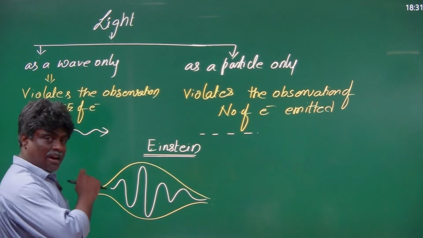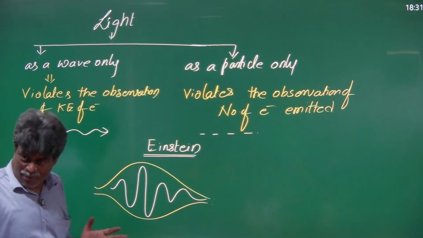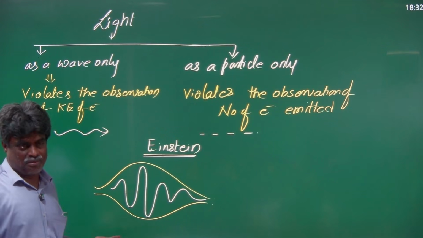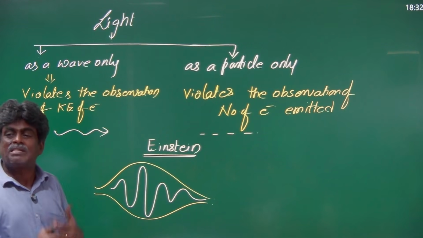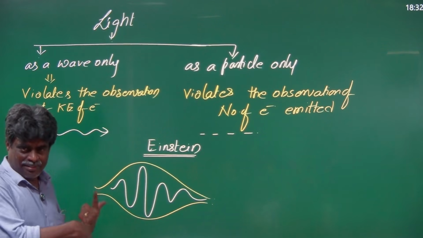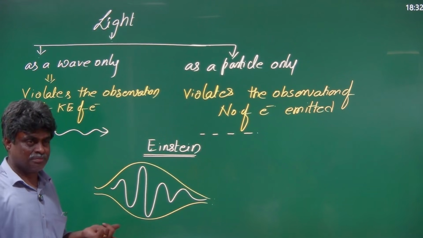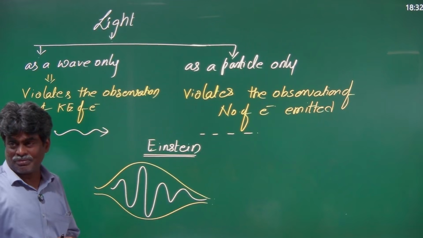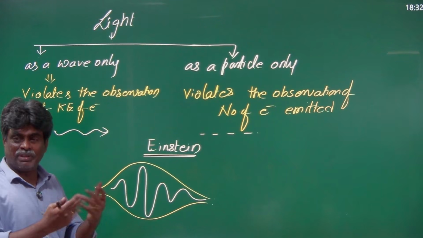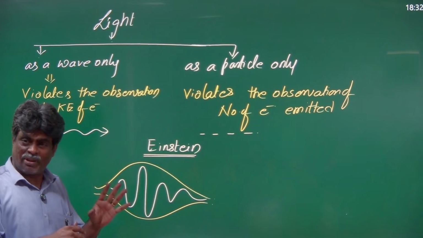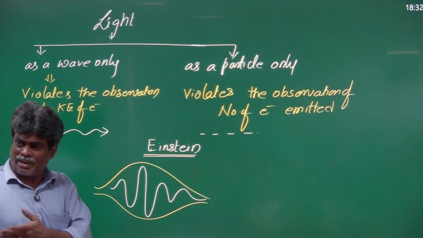So light is not coming like a pure wave, not like a pure particle. It's a mixed behavior of both particle as well as wave, and we can't separate them. Whenever it wants to behave as a wave, it will behave so. Whenever it wants to behave like a particle, it will.